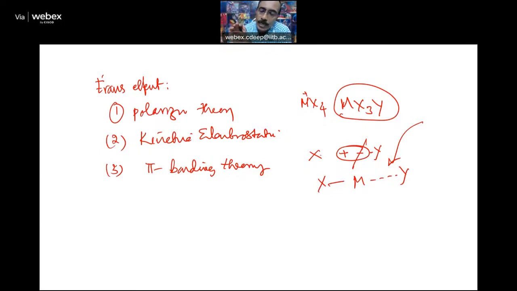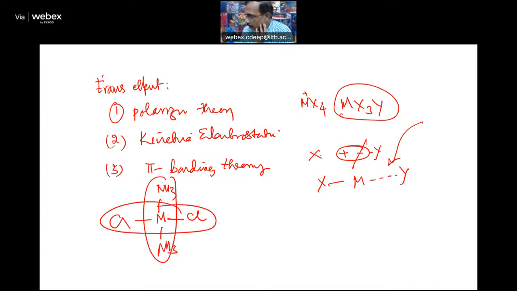In kinetic electrostatic theory, I mentioned you should know which group is electron donating and which group is electron accepting. If electron-rich groups or anionic ligands are there, you take something like this, for example with NH3 and NH3. Then you have to identify which pair is electron repelling and which pair is electron attracting.